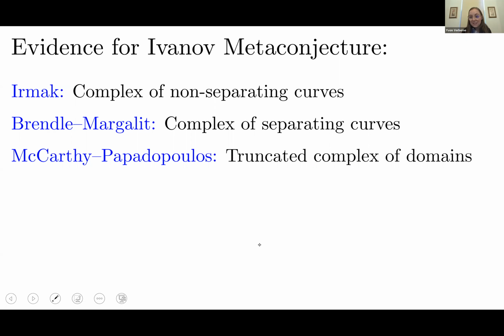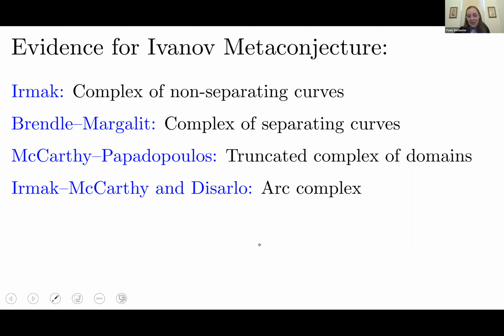That would be, for instance, taking a five-times punctured sphere, where instead of taking the punctures, you take them all as boundary components, and then you just take a curve around two of the boundary components. Those aren't the surfaces that you want to look at. The edges for this complex would be disjoint domains. And this object also satisfies the Ivanov metaconjecture.